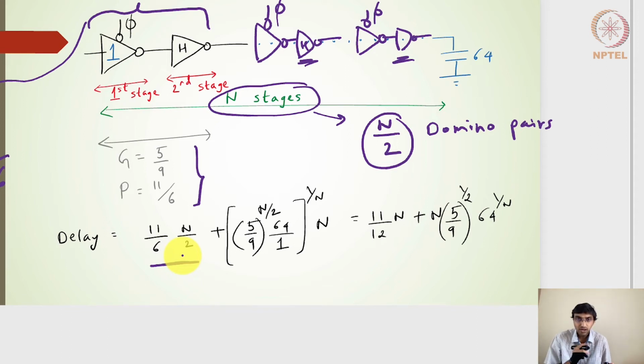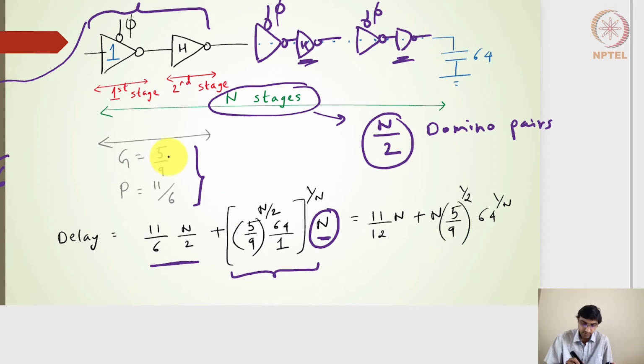And then the stage effort, the individual stage effort multiplied by the n stages, gives me the overall delay. Here, the number of stages is n, so that is fine. And this particular portion is the individual stage effort, which I have written.